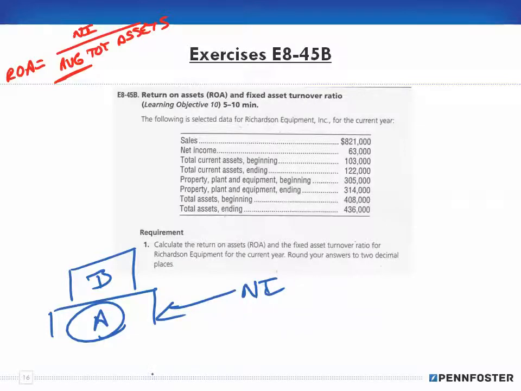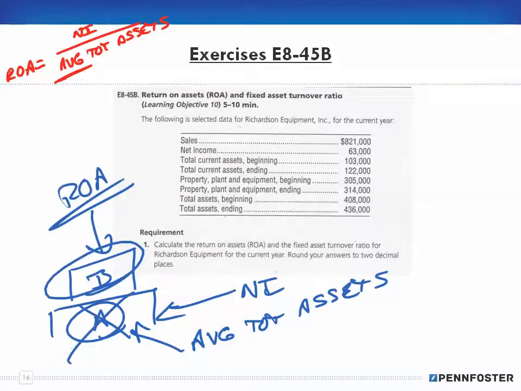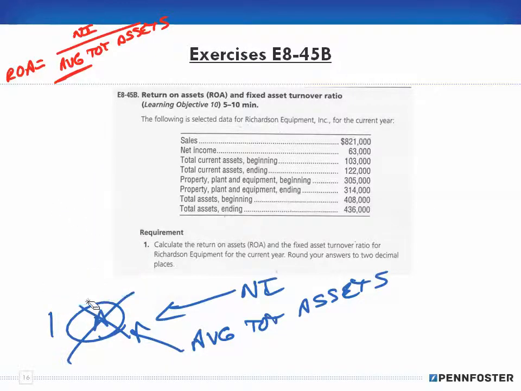That's concept A. You should also know how average total assets is calculated. That's concept A. Concept B here, we're learning about return on assets. So we're concerning ourselves with concept B. If you don't know concept A, then go back and watch the theory videos.